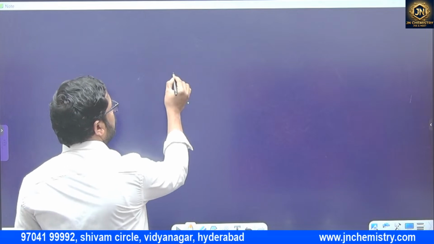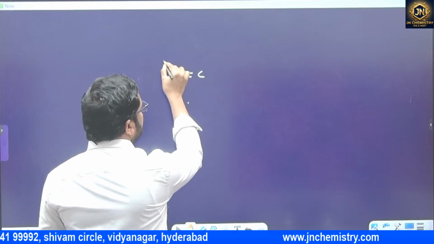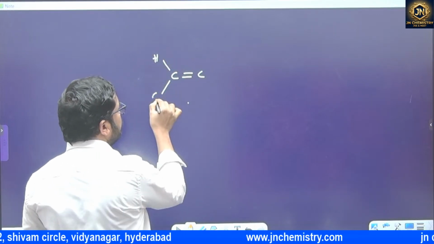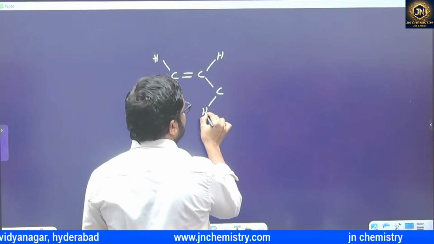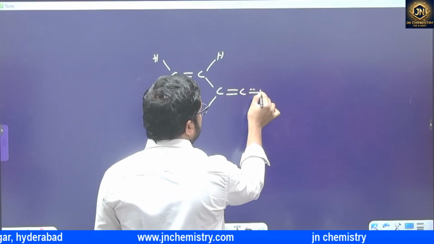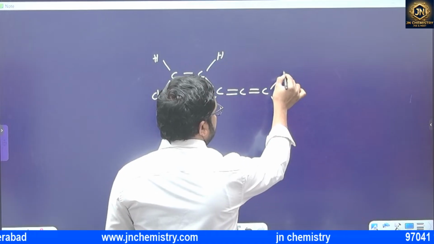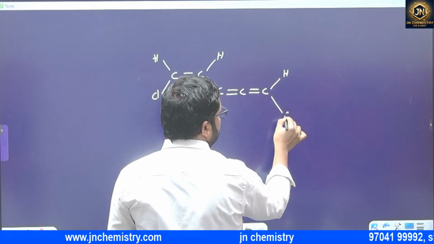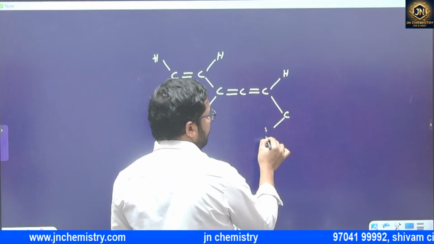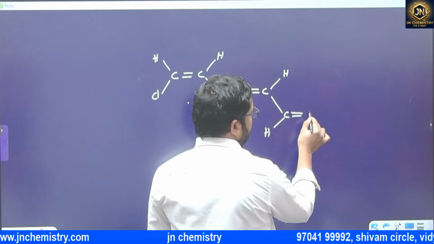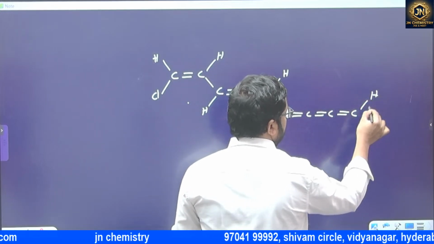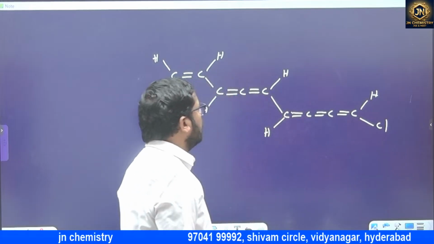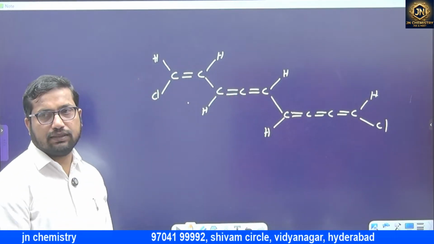So for example, count the number of geometrical isomers for this.